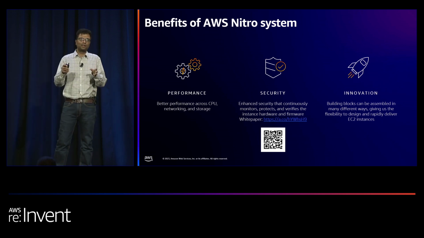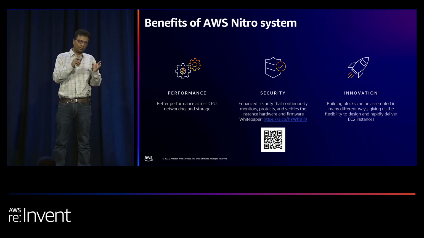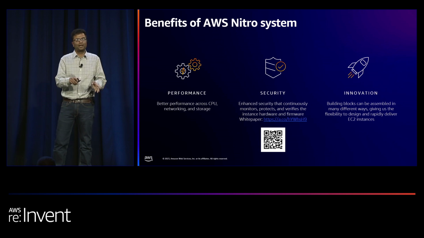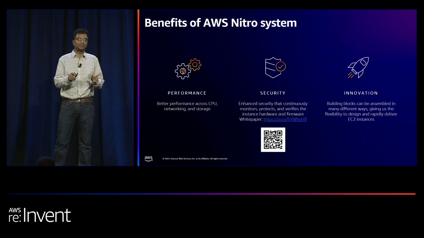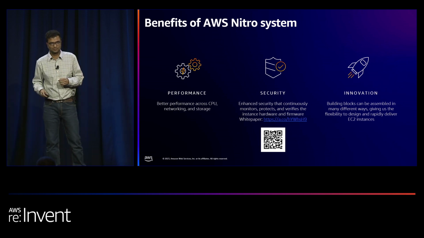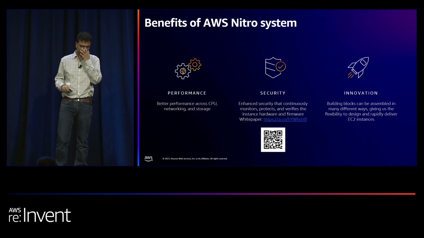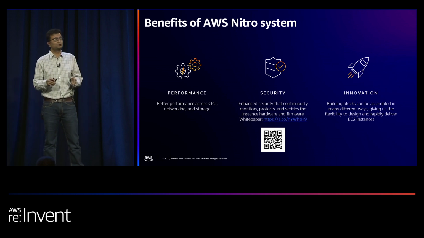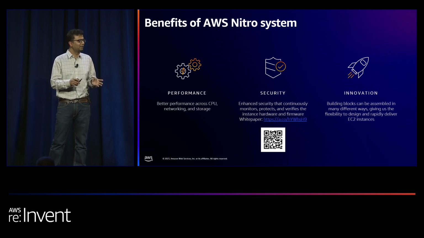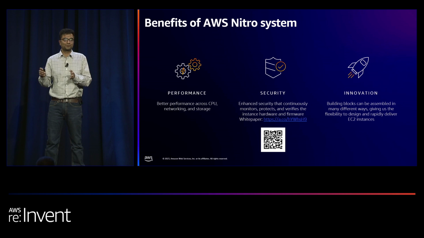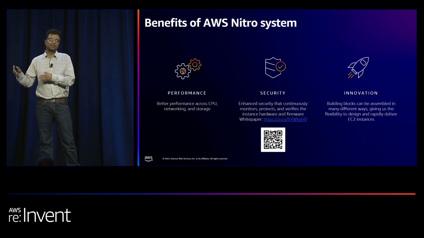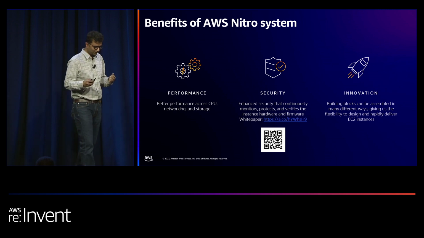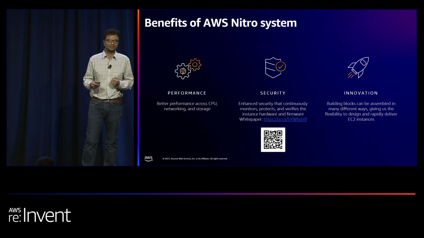And when they run real-world workloads on EC2 instances and compare them to other cloud providers, they typically see higher performance on EC2 instances. It is because of Nitro. And lastly, Nitro also gives us the capability to scale the networking and EBS bandwidth. I will talk in a bit more detail in the subsequent slide about how we have been able to scale the networking and EBS bandwidth using Nitro.